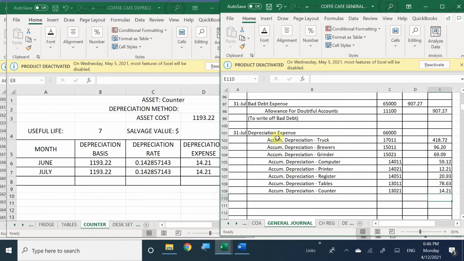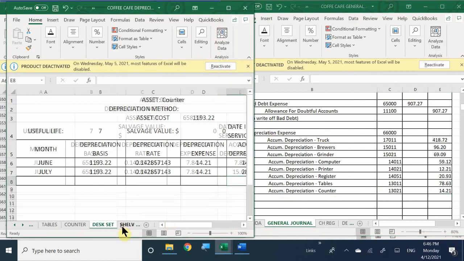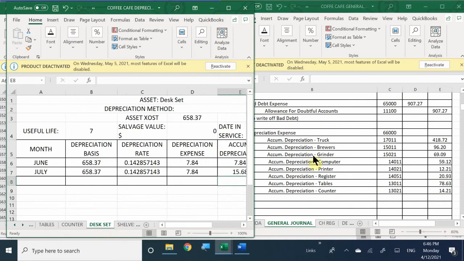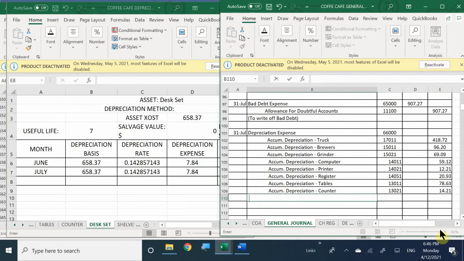Okay. Next we have is the desk set. Desk set once again is for a total amount of $7.84. Okay.